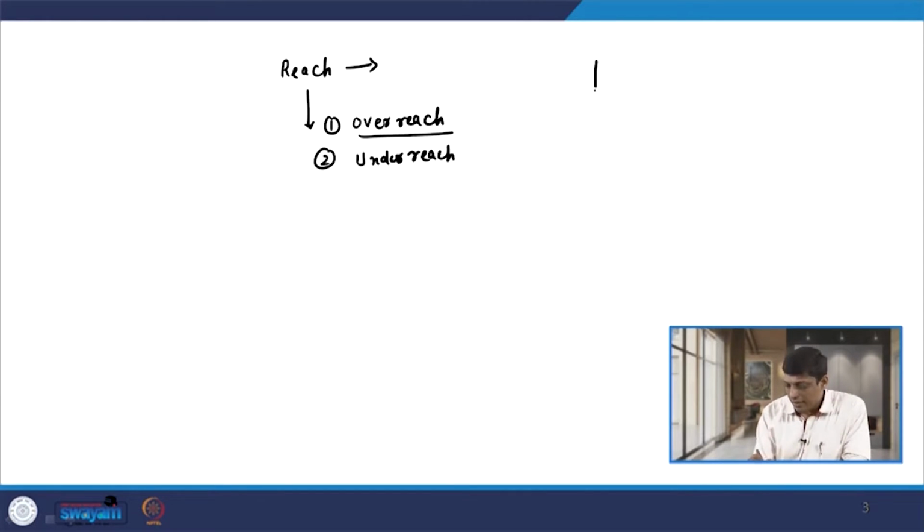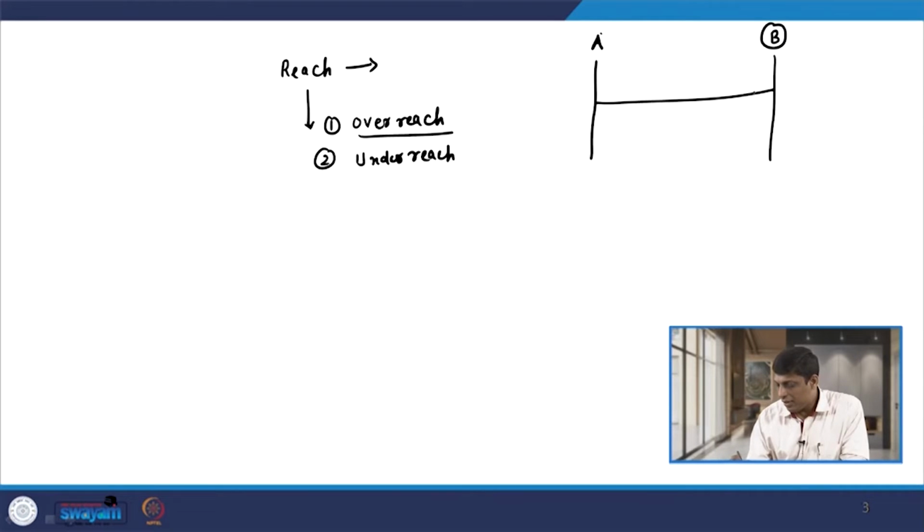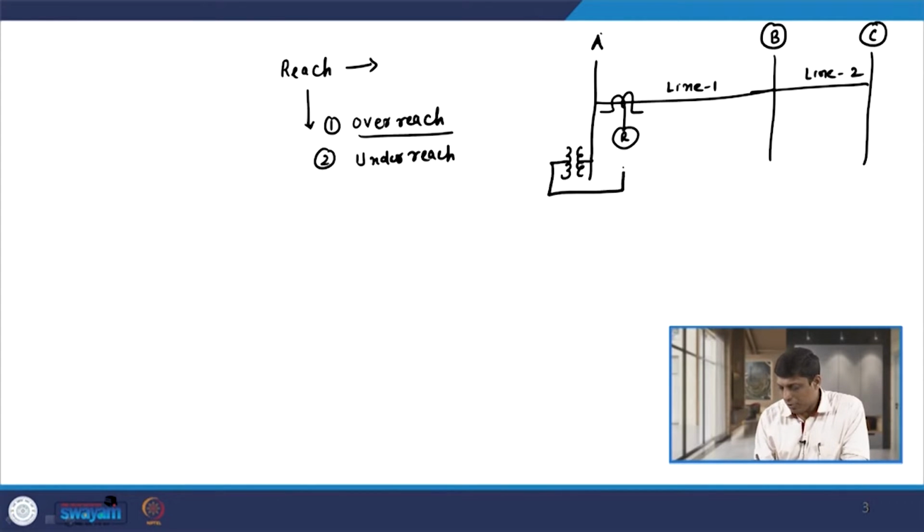Again, let us consider the same example where we have connected a line between A and B. We have another bus C, and another line, say this is line 1 and this is line 2. Let us assume that we have a relay R connected, which is a distance relay, and we give the input from the CT and PT.